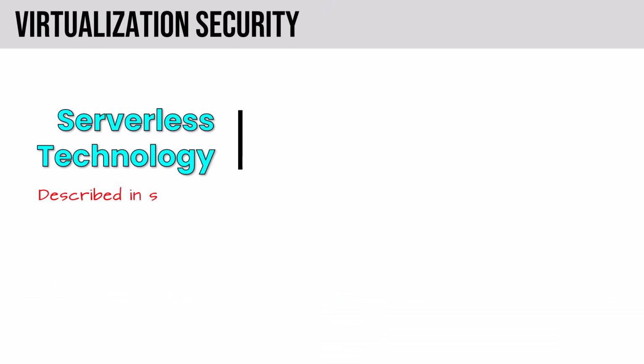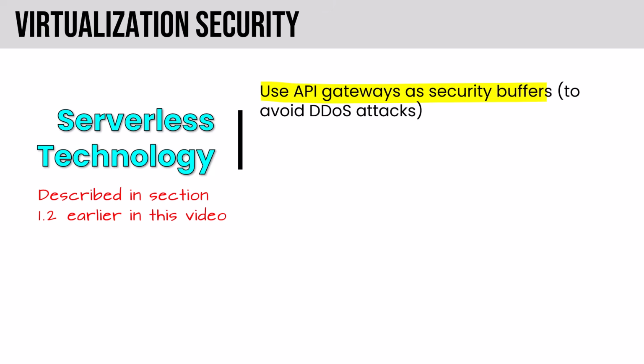So we talked about serverless technology back in section 1.2, just a couple of concerns around security related to serverless. So where possible, using an API gateway as a security buffer to protect that serverless endpoint, to avoid distributed denial of service attacks, attempts to exhaust capacity.